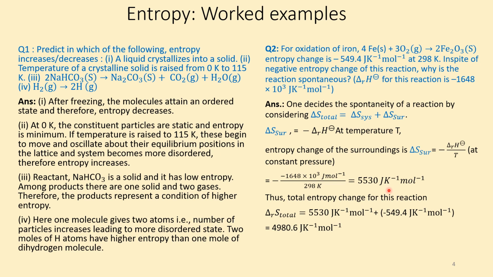Thus, the total entropy change of this reaction is delta S total equals 5530 joules per Kelvin per mole plus minus 549.4 joules per Kelvin per mole, which is equal to 4980.6 joules per Kelvin per mole. This minus 549.4 is given in the question itself. This shows that the above reaction is spontaneous.